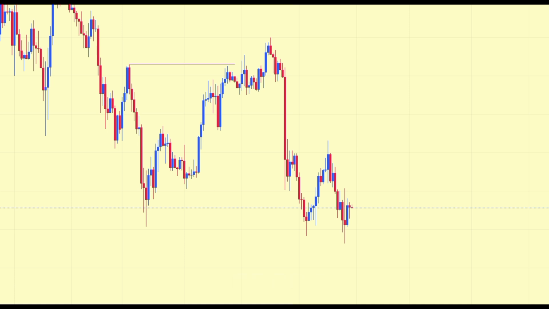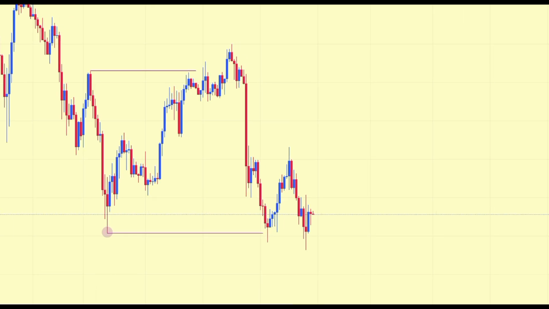In fact, once that high is taken out, it doesn't matter if price sweeps that high or breaks past that high. This one here is a confirmed swing point, meaning that if price now reverses and breaks past this one, then this is a confirmed valid break of structure. So this one here is the high of the trading range, and we are currently in a new trading range.